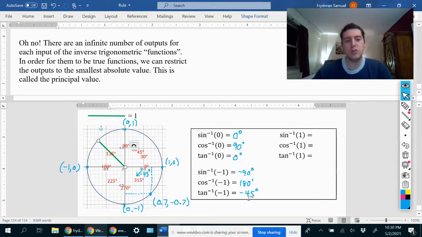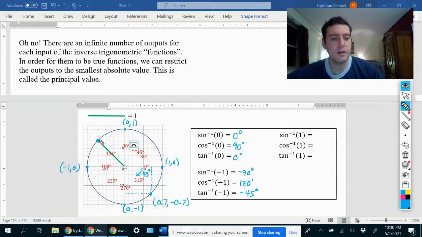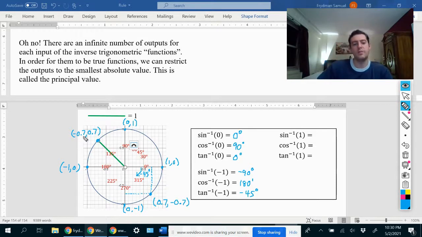So if we go to 135 degrees, this point, I think we were saying in another video, we would get about negative 0.7, 0.7, and this divided by this would also be negative 1. But negative 45 degrees has an absolute value of 45. 45 is smaller than 135. So this would still be the principal value.